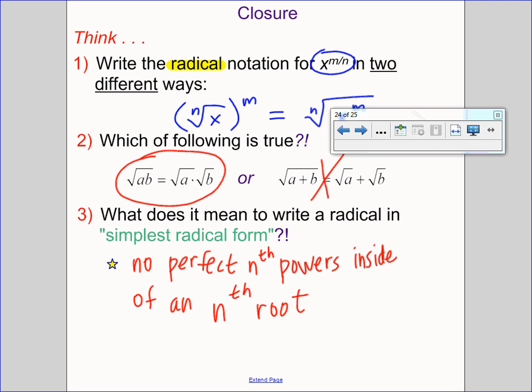So a fourth root is fully simplified if it doesn't contain any perfect fourth powers as factors inside. A fifth root is fully simplified if it doesn't contain any perfect fifth powers inside.